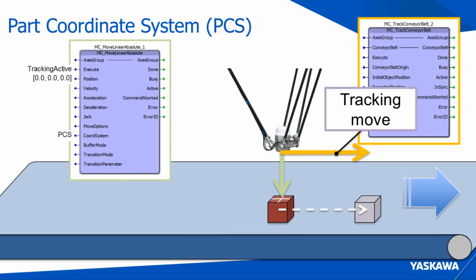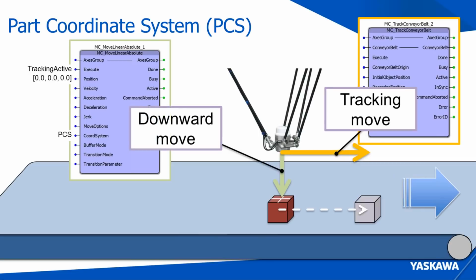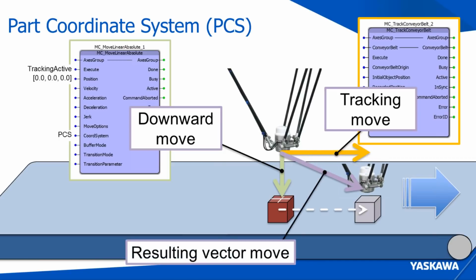That's the tracking move. I can use standard move function blocks to do a linear move. So if the conveyor belt wasn't moving, I would just say move down to 0, 0, 0 of the part, and it would move down and do that. So that's my downward move. The resultant is going to be, if we command that downward move and we have MC track conveyor belt active, the result is going to be this vector move that is a sum of the two other moves.